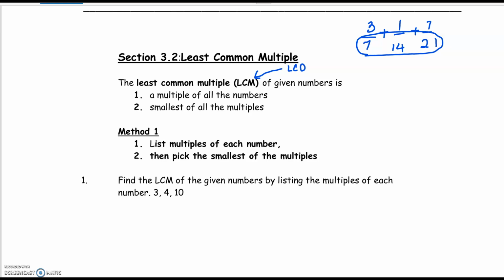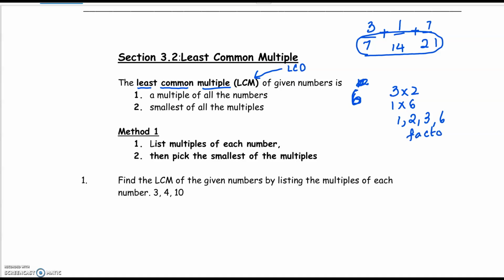So what is the meaning of least, which means smallest, common multiple? So let's understand the meaning of multiple. So if I have, for example, let's say 6, you can write it as 3 times 2, 1 times 6. So 1, 2, 3, and 6 are called factors.